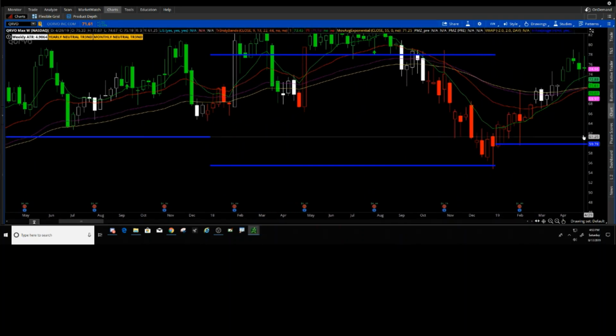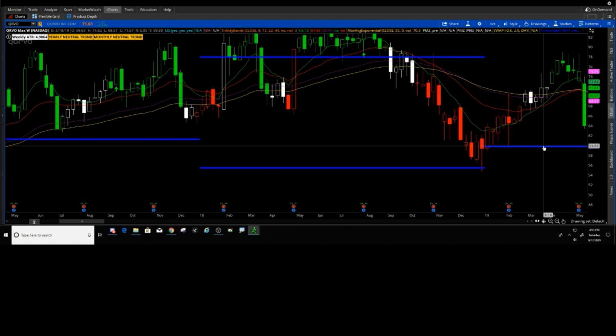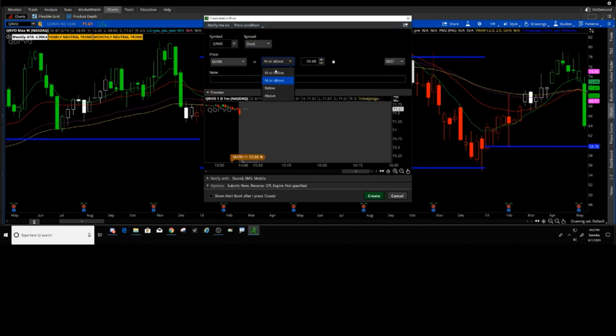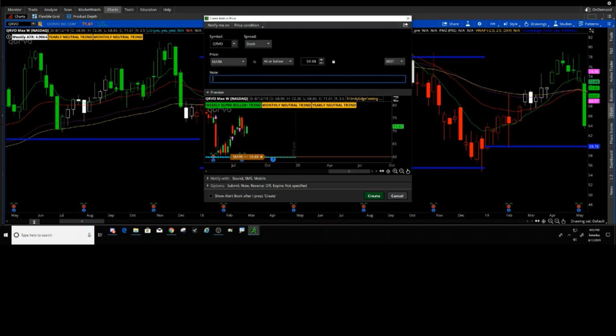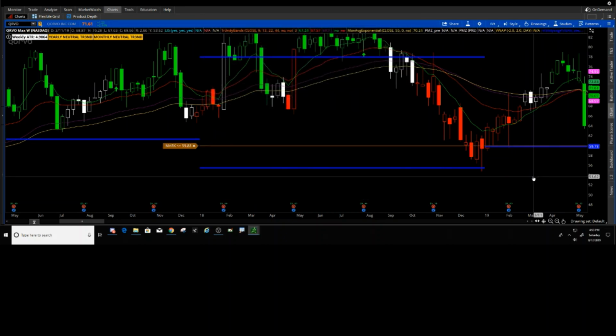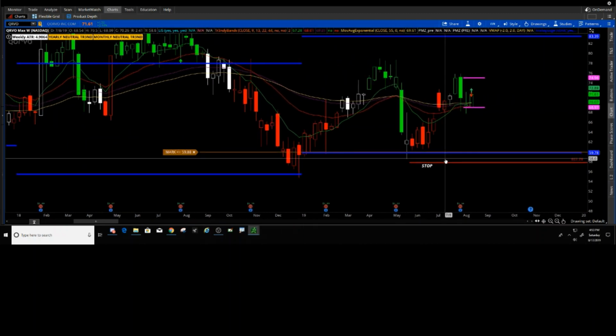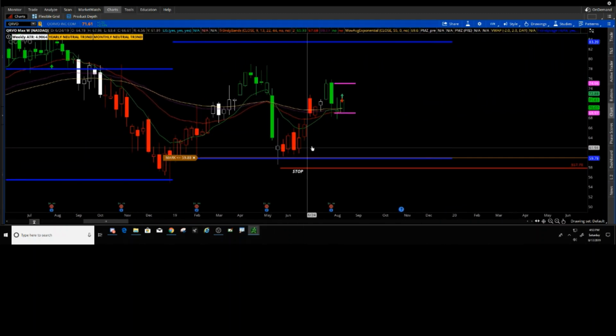Price moves up. We want to take it when it gets back to the edge. We're also going to set an alert at or below, okay? Time to buy, right? Whatever you want to put in here. This is going to alert you by SMS. Okay, price gets there, take the trade, $2 stop, 1,000 shares.